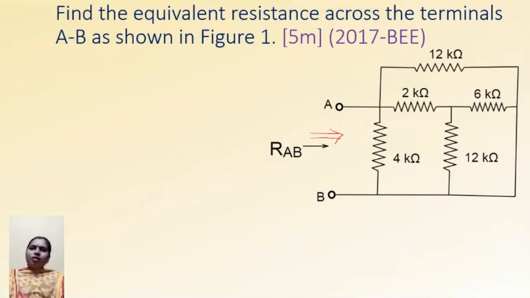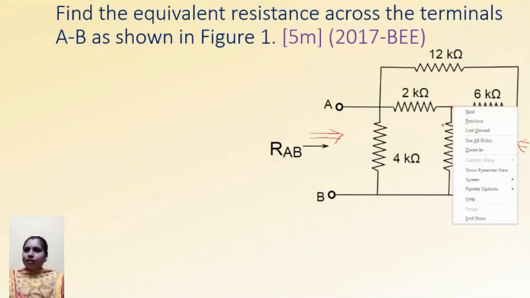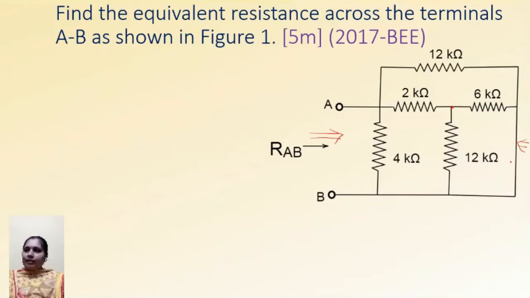So always to solve the network, you need to start from the back side of the network. Okay, so if you see here, 6 and 12 are connected in parallel because they are across the same common terminals. So 6 and 12 are in parallel. That parallel combination is in series with 2 kilo ohms because only one terminal is connected.